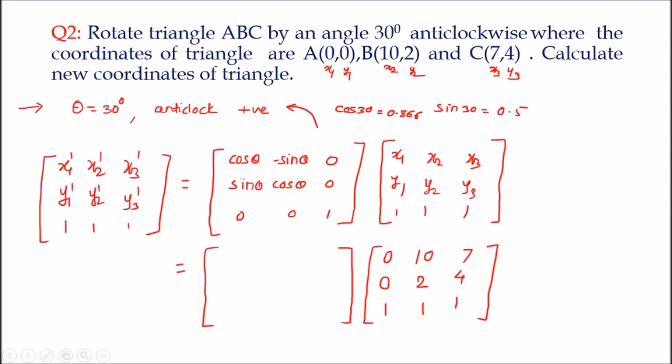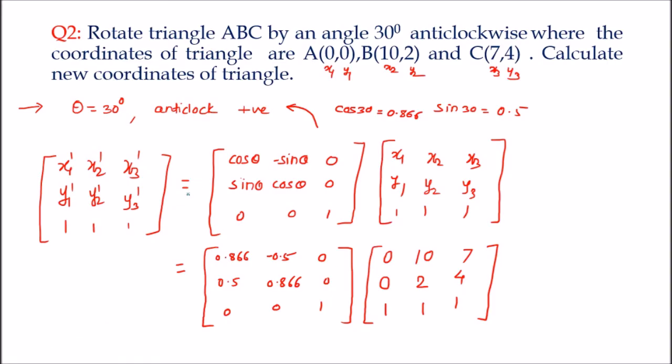Transfer that into this matrix: 0.866, minus 0.5, 0; 0.5, 0.866, 0; 0 0 1. Now multiply it.